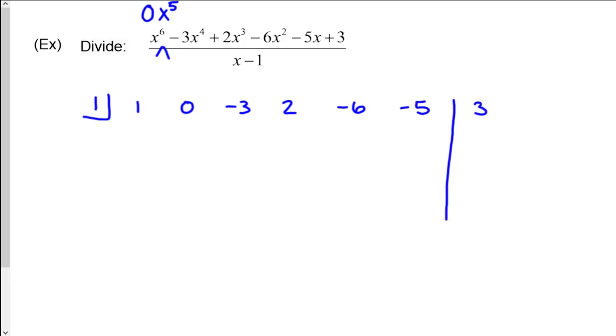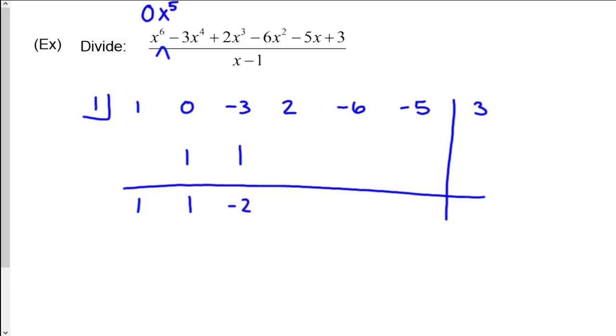Now there's more terms in this particular problem. The process isn't any more difficult. It's just going to take slightly longer. Bring the 1 down. 1 times 1 is 1. 0 plus 1 is 1. Then 1 times 1 is also 1. Negative 3 plus 1 is negative 2.